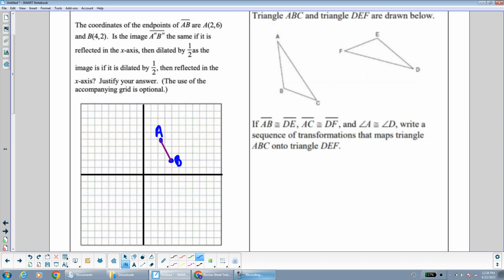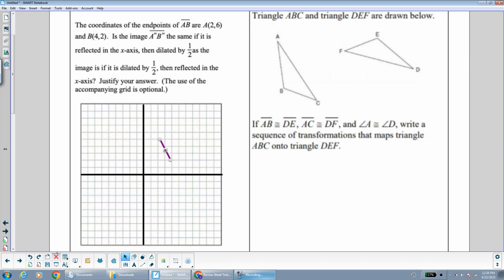So let's do it the first way first. Let's reflect in the x-axis. So the x-axis is here. So I'm just going to count the spaces to the x-axis. My graphing moved, so let me redo this. That's what I hate about doing this on the computer.